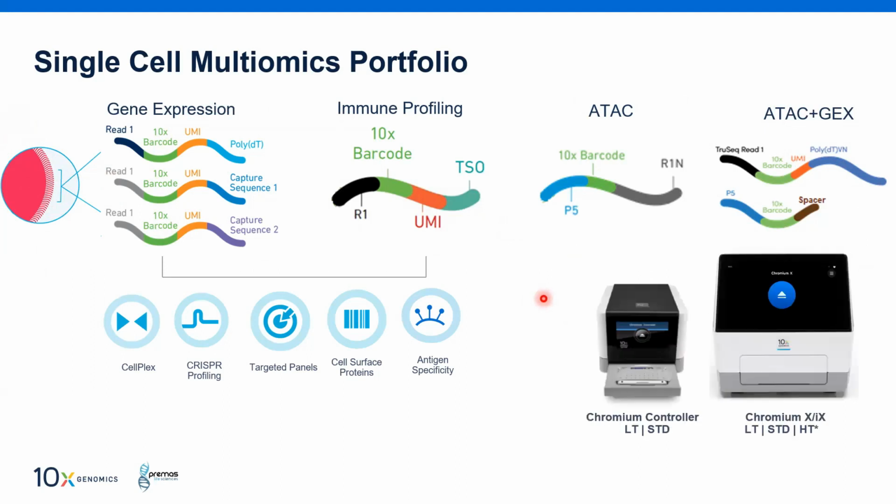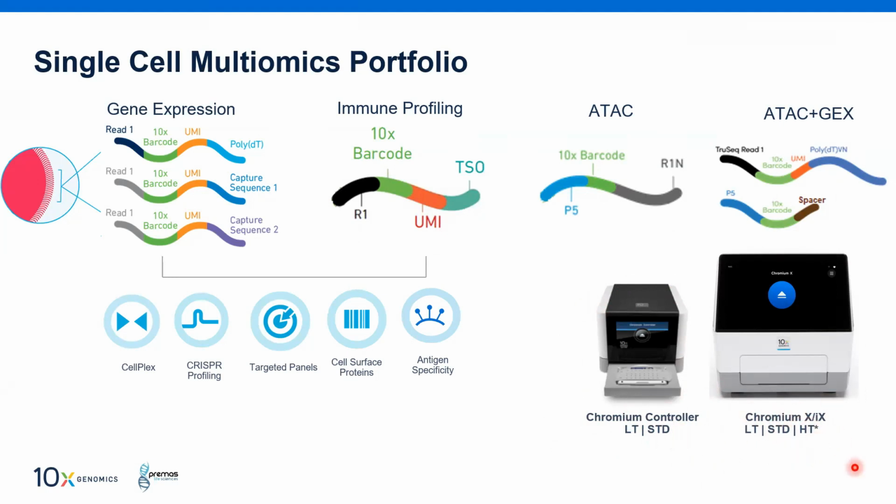Now, where exactly do you have to use these reagents? These reagents are to be used on either the Chromium controller or Chromium X or iX, where it is going to do low throughput and standard throughput, and we'll come to know what exactly low throughput, standard throughput, and high throughput technology is.